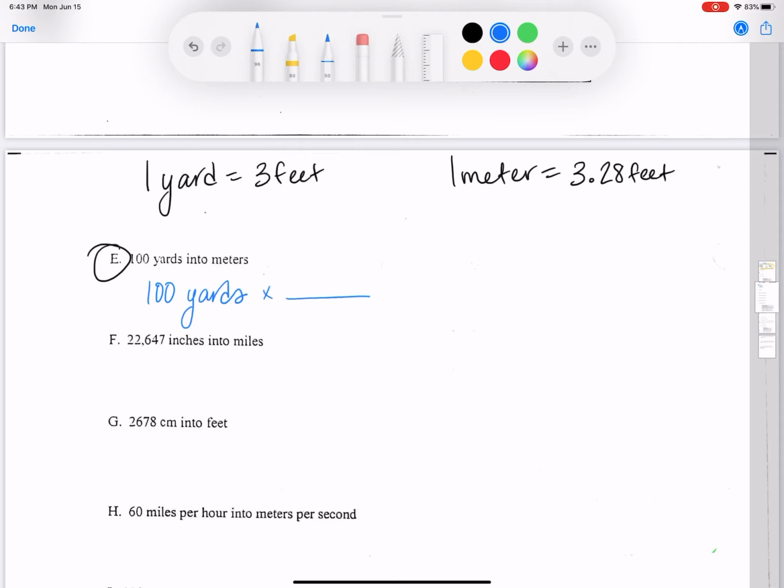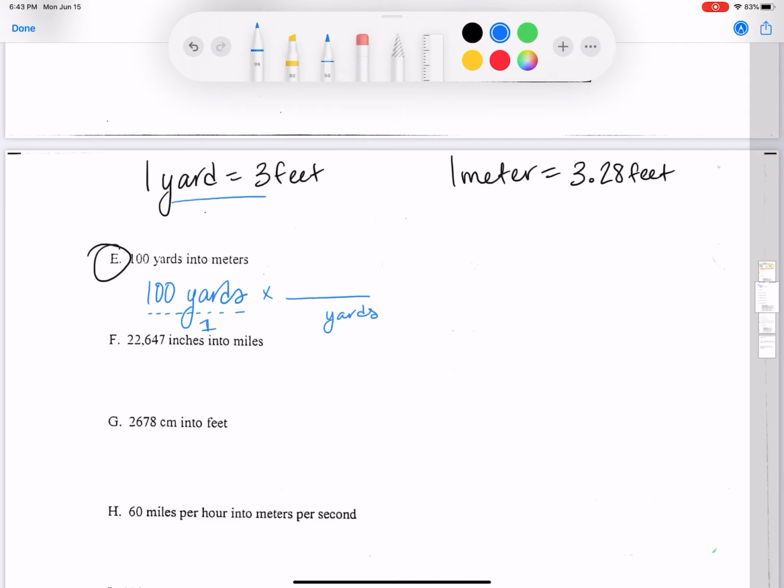I know that right now I could take any number and turn it into a fraction by just putting it over 1. Hopefully you're seeing right now that yards is in the numerator. Whatever your starting data is, that unit is always in the numerator because it's under this pretend invisible 1. So yards is in my numerator. That means that I want yards in my denominator so that those cancel out.